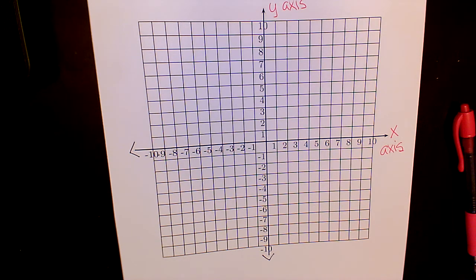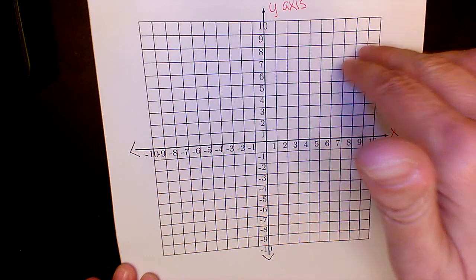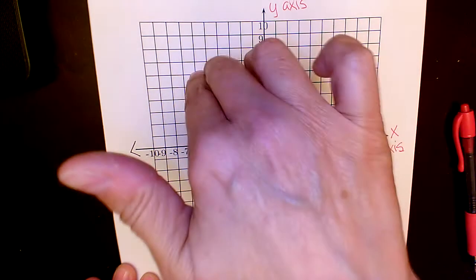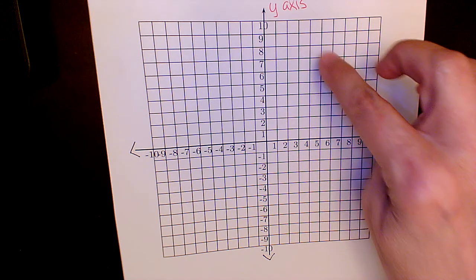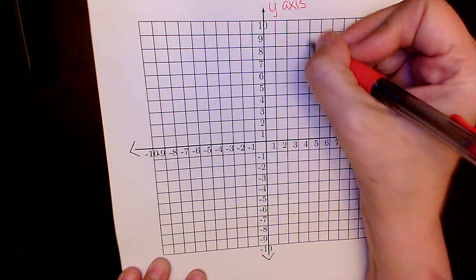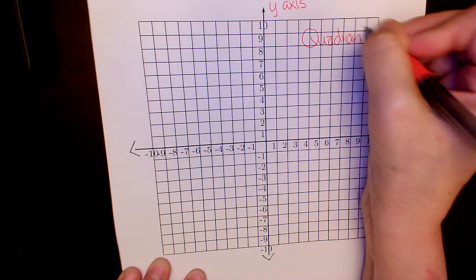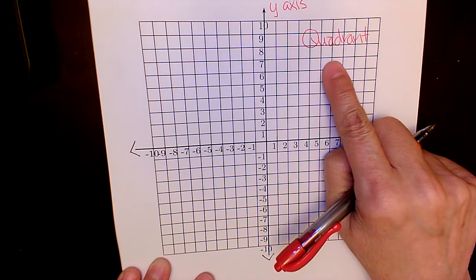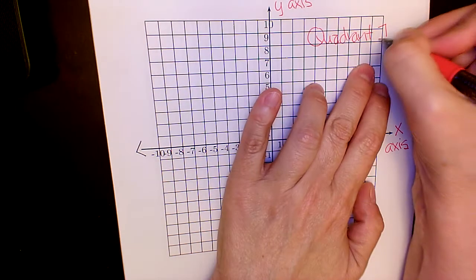And what else is important? The coordinate plane is broken up into 4 pieces called quadrants. Do we remember the name of each of these quadrants? If you remember from your graphing days, this is quadrant 1.